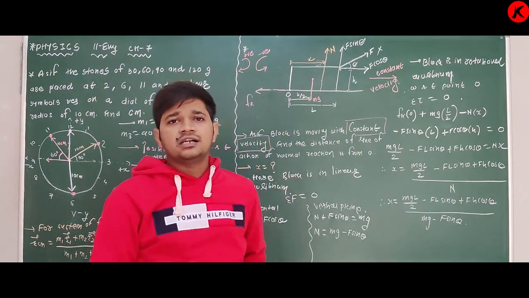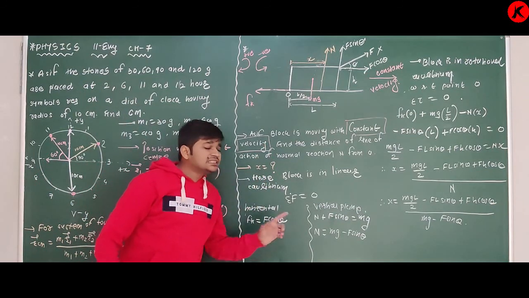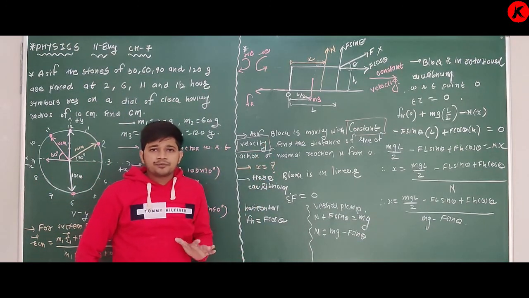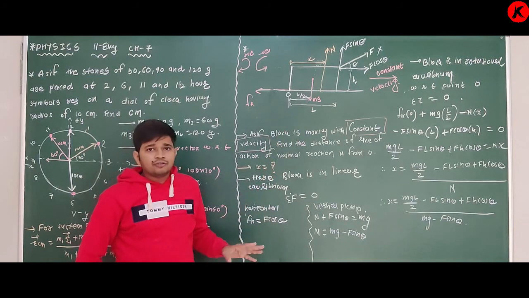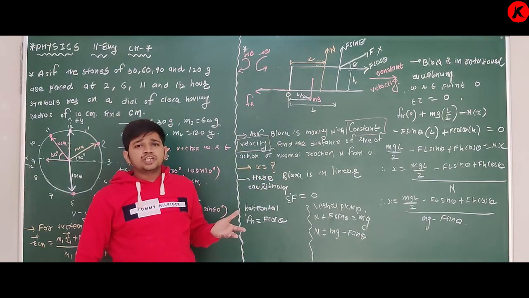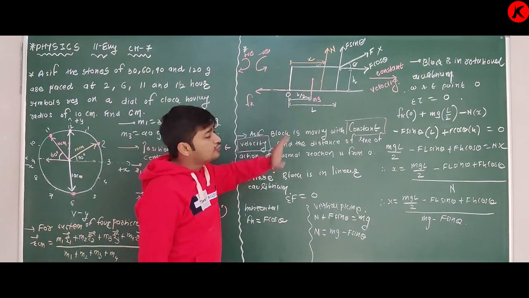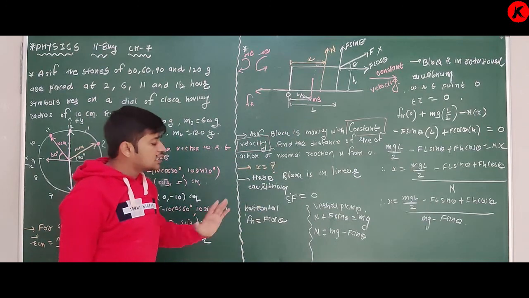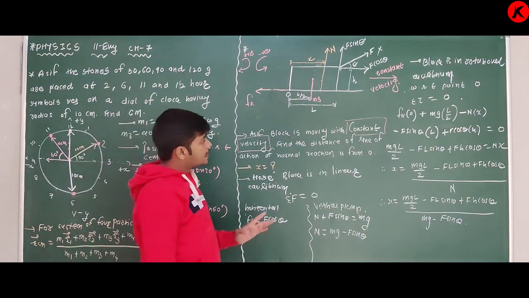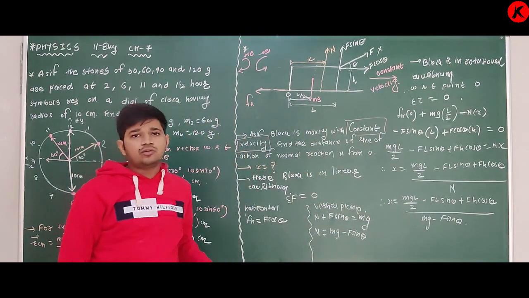See, it is one question in which you can understand a number of concepts. First, constant velocity means it is in linear equilibrium. It is not performing rotational motion means it is in rotational equilibrium. How to resolve forces, how to take their components, then how to find torque, which torque positive, which torque negative.